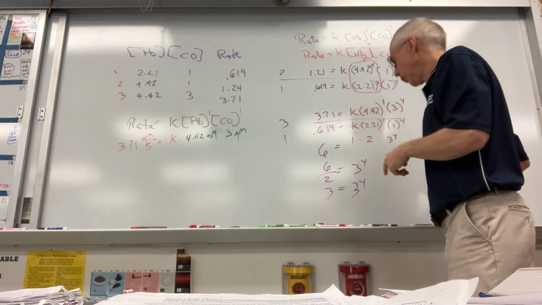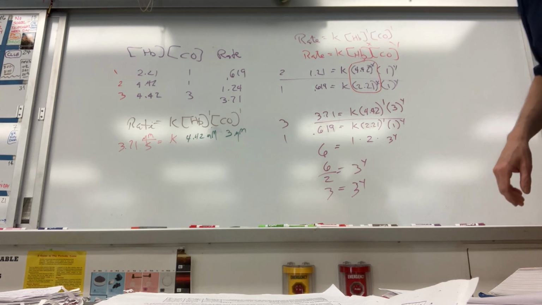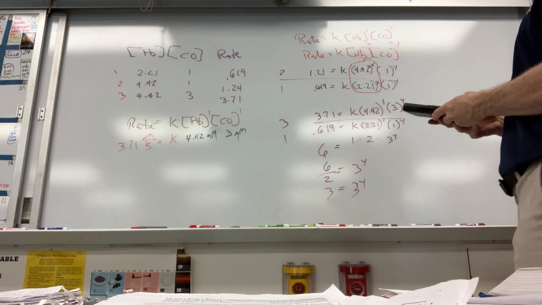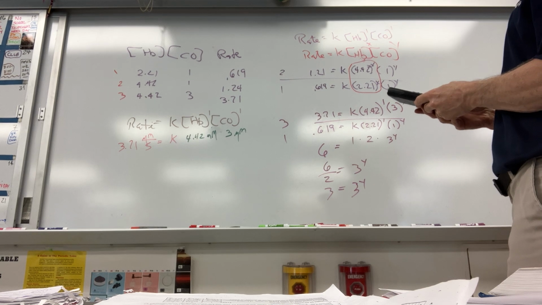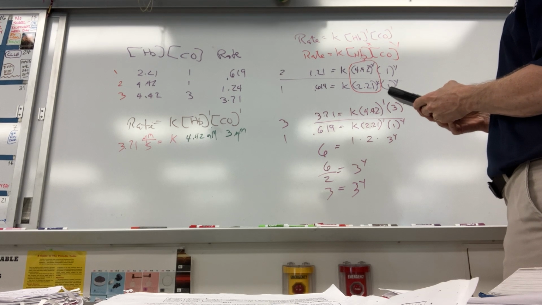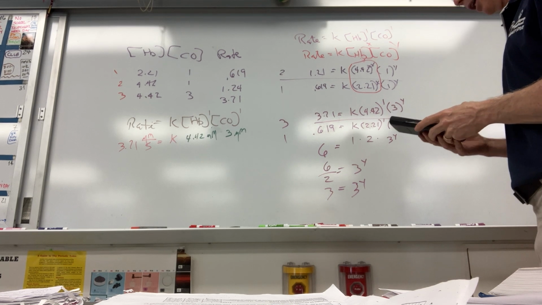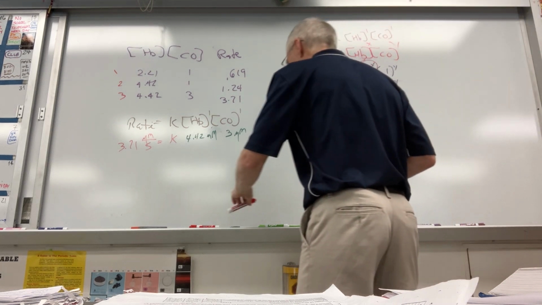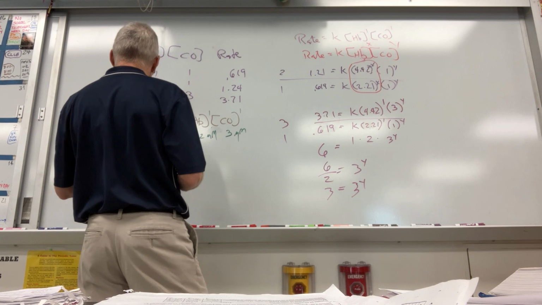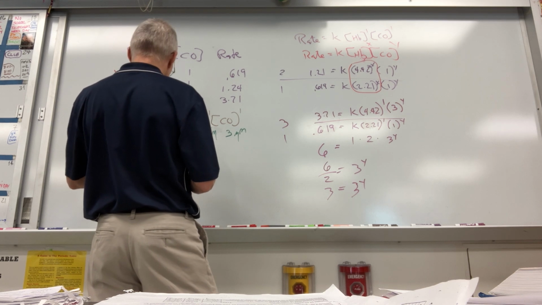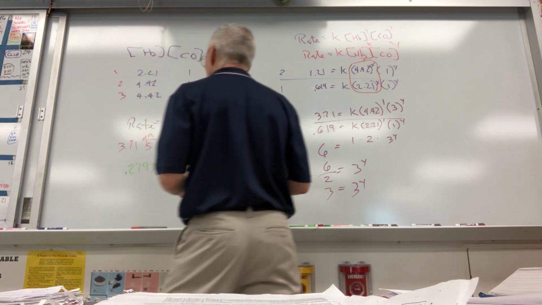The first bit is solve the numbers. So we take 3.71 divided by 4.42 divided by 3, and the numerical value for K is 0.27978 and so on.